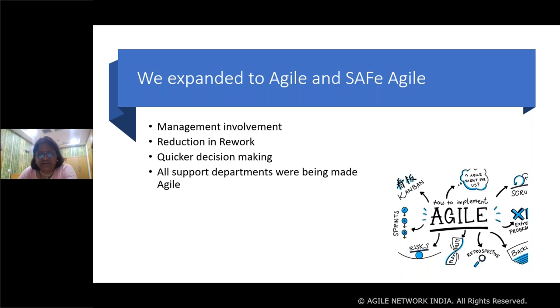We tried to work that out in an agile way. Of course, decision making was quicker and there was less rework, and we were able to bring all the support services, like resources and our computer support systems and all the other teams, under the agile process.